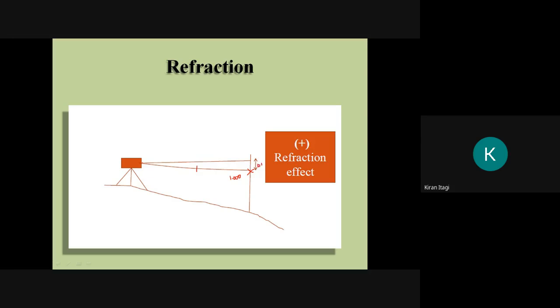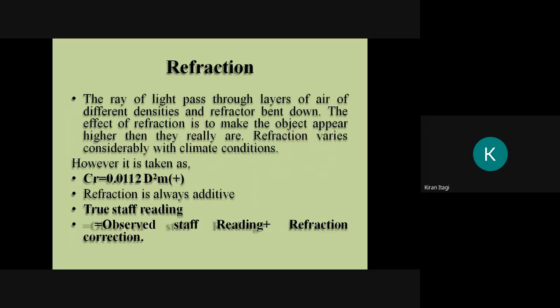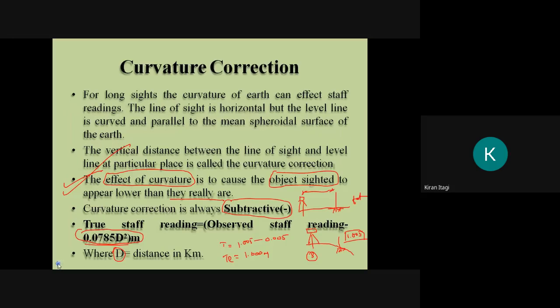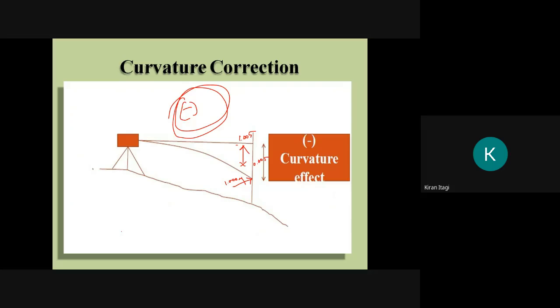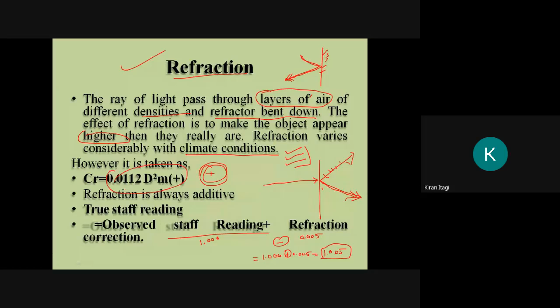It is 0.005, and the true reading will be 1.005. Just remember this. If you want, you can take down the formula. I have already shared the PPT with you. Otherwise, just remember: curvature is 0.0785 d square, and for refraction it is 0.0112 d square.